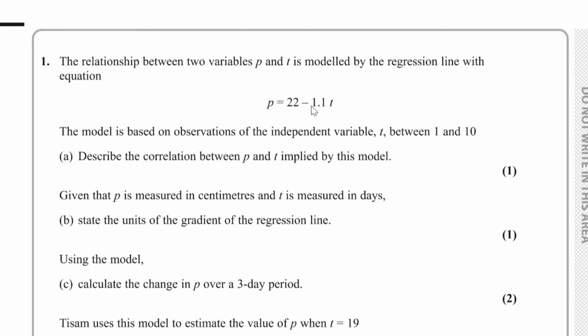equals 22 subtract 1.1t. The model is based on observations of the independent variable t between 1 and 10. For part A, we have to describe the correlation between p and t implied by this model.